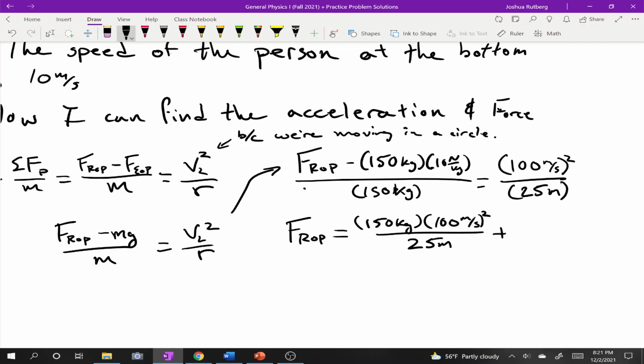I'm just going to do this math right now. 150 times 10 is 1,500. Newtons per kilogram times kilograms is just newtons, which makes sense. This is a force.